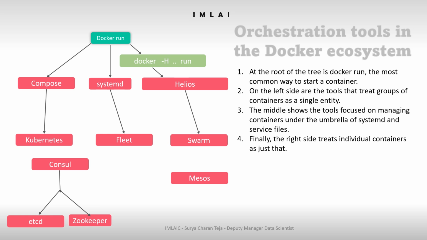As you move down the branches, the tools end up doing more for you, be it working across multiple hosts or taking the tedium of manual container deployment away from you.